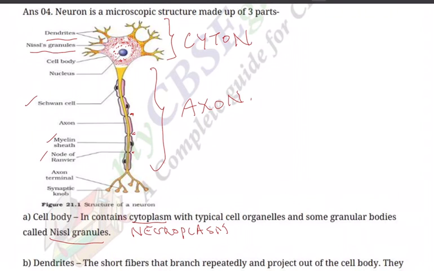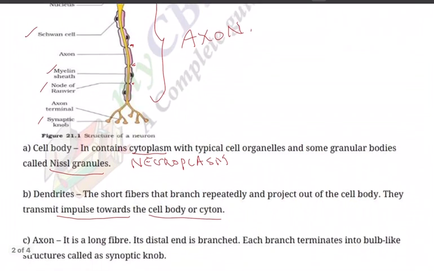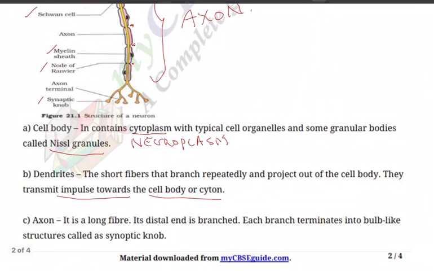And of course, the tail portion, the axon portion, starts bifurcating and forms the synaptic knob. And the synaptic knob, with a minute gap called the synapse, continues with the next adjacent neuron. So the synapse is basically a small minute gap that is present between two adjacent neurons, right?